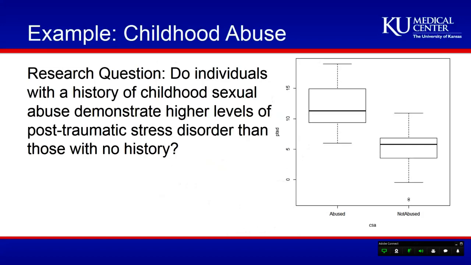So let's take a look at an example revolving around childhood abuse. The research question has to do with whether or not individuals with a history of childhood sexual abuse demonstrate higher levels of PTSD than those with no history.